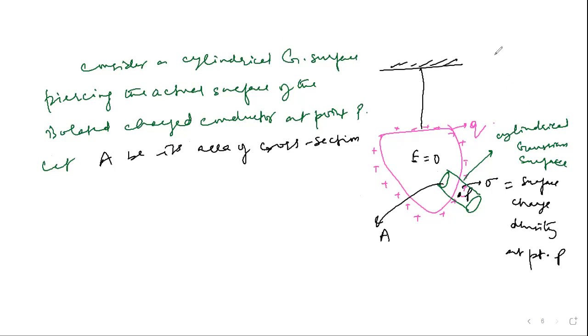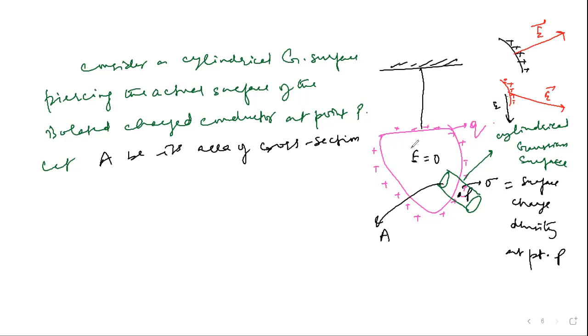Now there's another thing. When I have an isolated conductor, it has a certain charge. You must remember this: the electric field outside the body of this isolated conductor must be perpendicular to the surface. Because if it is not perpendicular, if it makes some angle other than 90 degrees with the surface, then it will have a component lying within the body of the conductor, and that will contradict E equal to 0 inside the body.